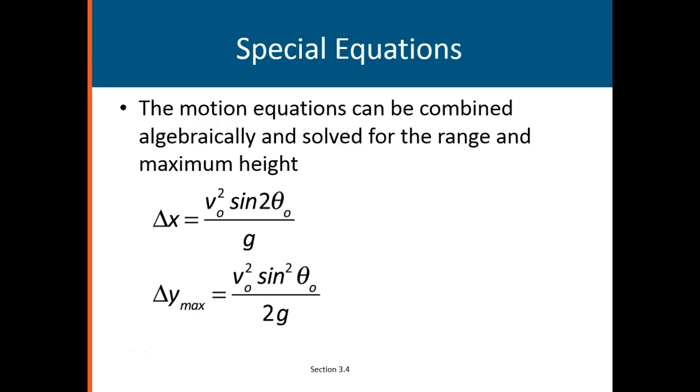It counts on symmetry, and this isn't a symmetric problem, so I don't think we can use it for this one. You could try it, but I don't think it'll work. Your delta y, that's your maximum height, is that same v0 squared, but now it's sine squared of theta naught, not sine of 2 theta naught. Here you take theta naught and take the sine squared of that, and that's divided by 2g. Now, we didn't do that in the last problem, so there's nothing really to check there.